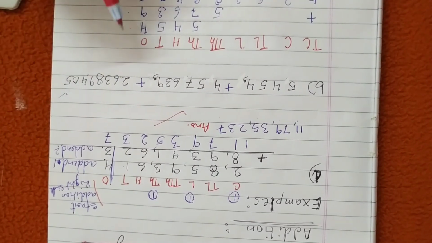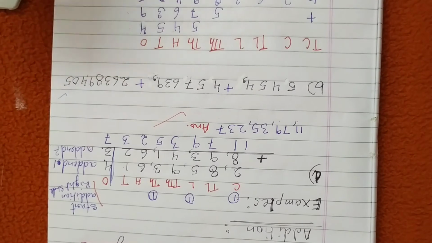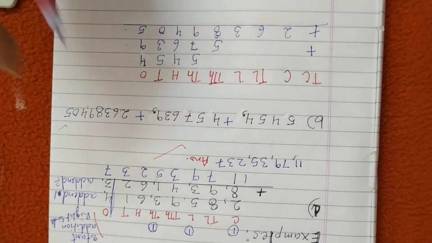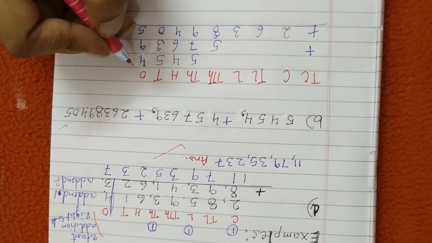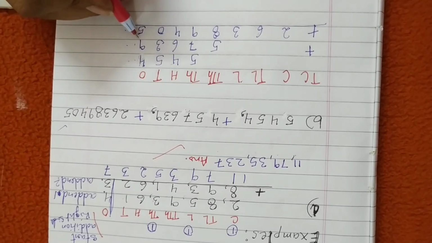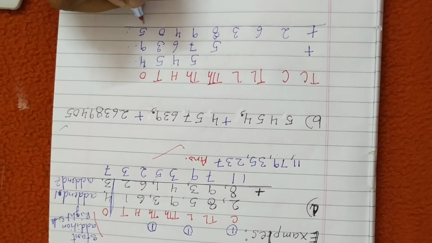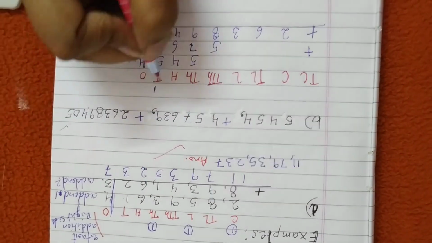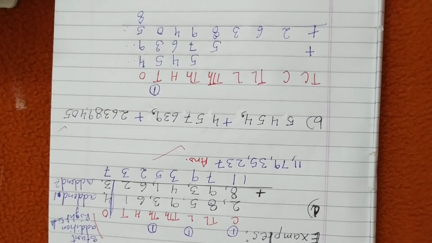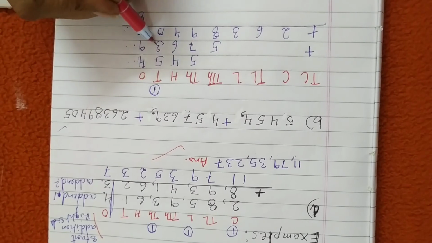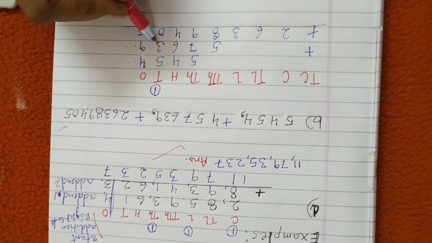Now start addition from the ones column. From where are we going to start addition? From the ones column. First see the digits in the ones column: 4, 9 and 5. Add 4 plus 9, 13. 13 plus 5, 18. I'll be writing 8 here and giving 1 as carry over to the tens column. Now see the digits in the tens column: 5 and 3. 5 plus 3, 8.